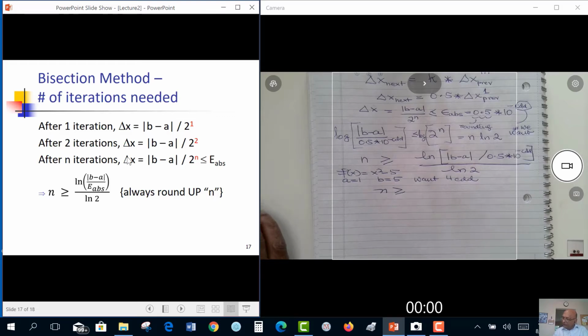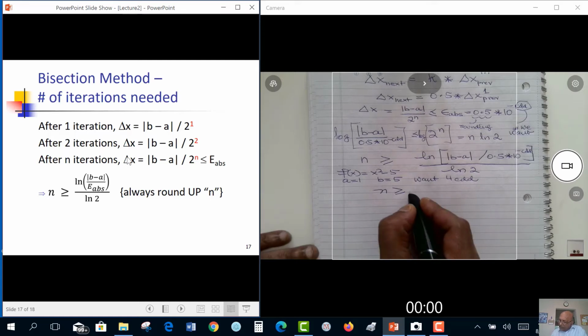Let's do 5 minus 1 divided by 0.5 times 10 to the minus 4, take the log of it, divided by log of 2. We will get 16.3.